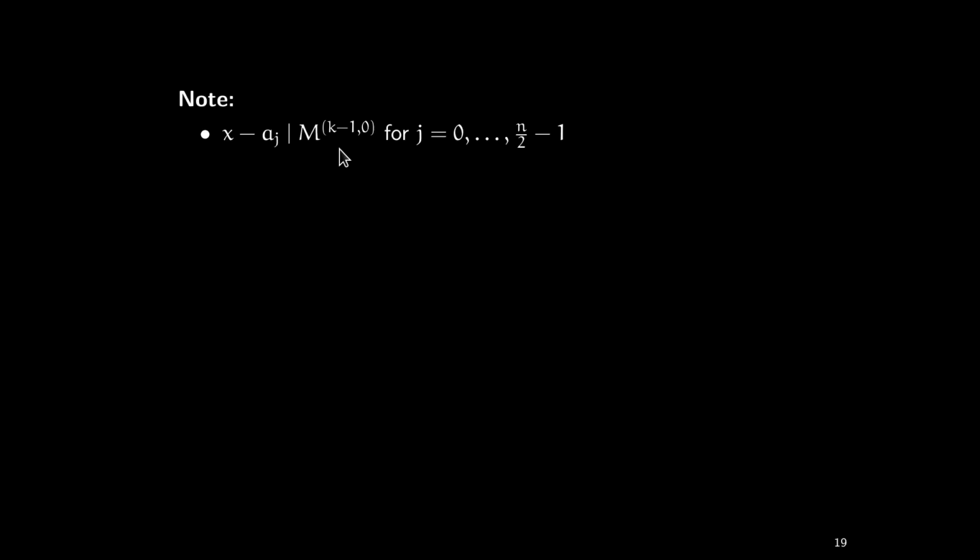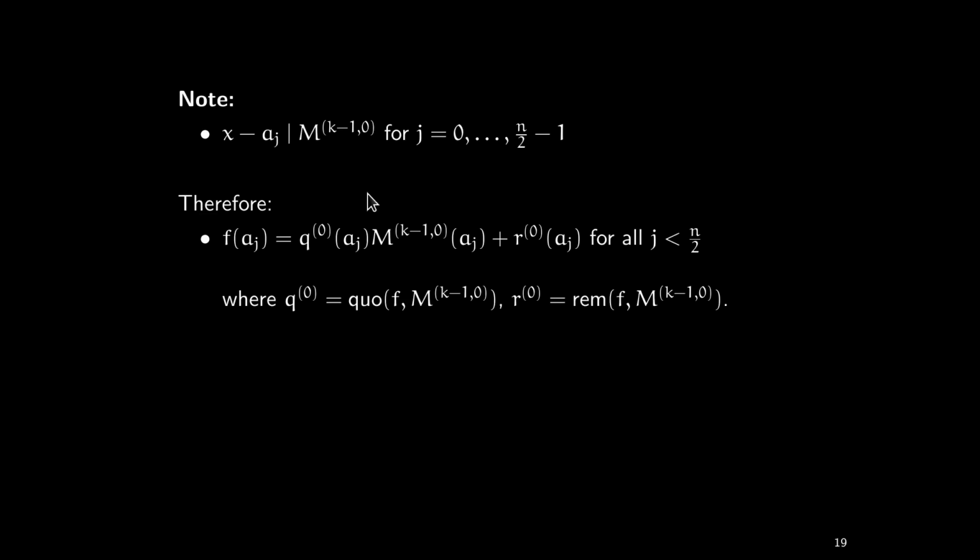Okay, but let's look at the first half. If you consider the value of the polynomial that we want to evaluate at one of the evaluation points that belong to the first half, then you can do division with remainder with this polynomial here. So let's say q is the quotient and r is the remainder.